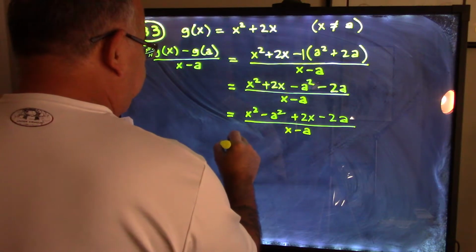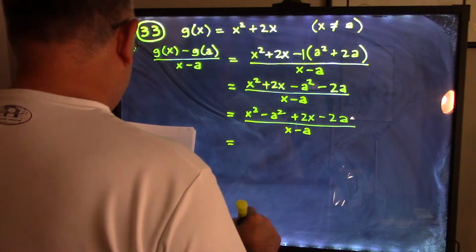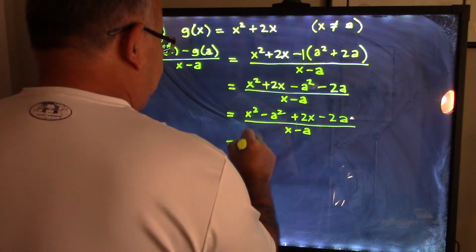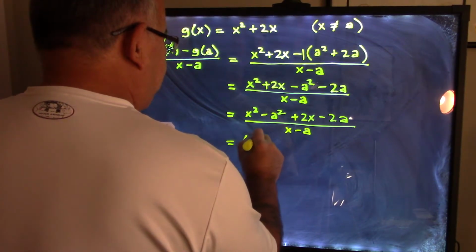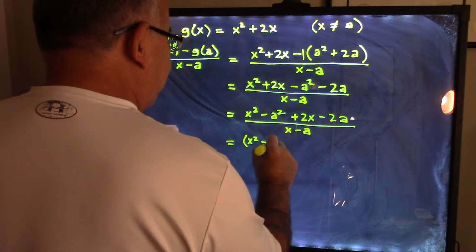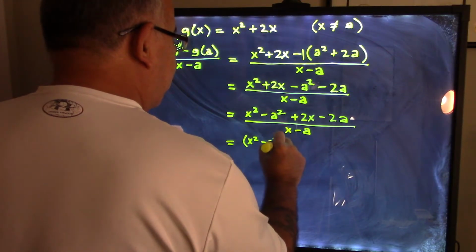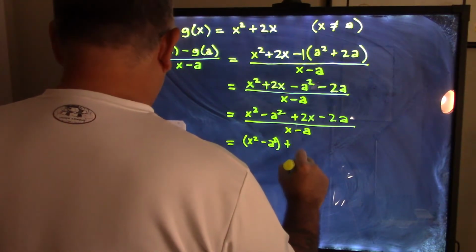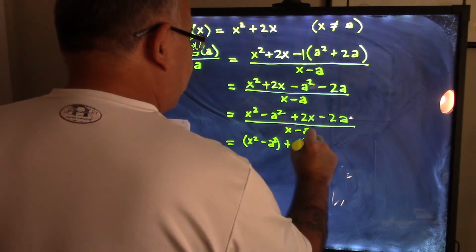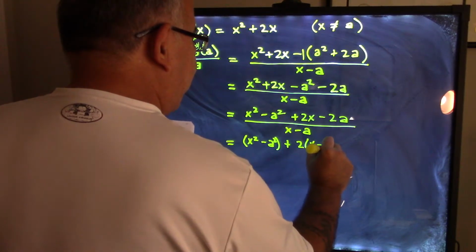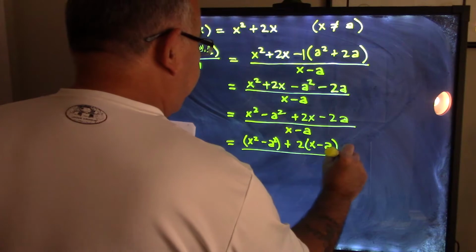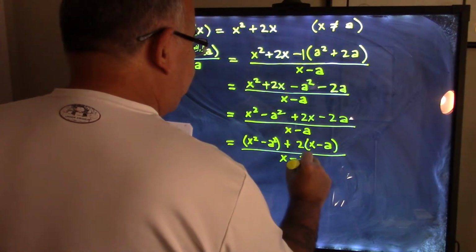I'll group those in parentheses, x squared minus a squared plus 2 factored out, and then x minus a, over x minus a.